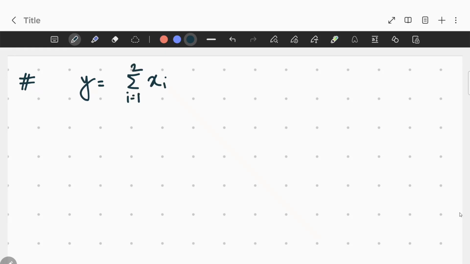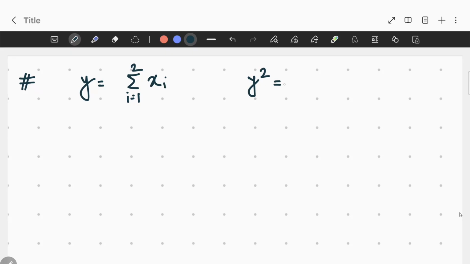What will be y square? I want the general formula, not the numerical one. i is 1 to 2. It is x1 plus x2, so y square is x1 plus x2 whole square.